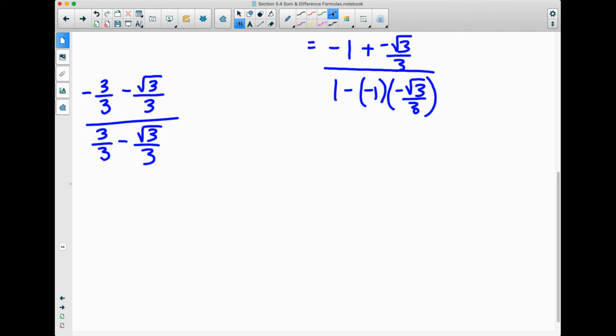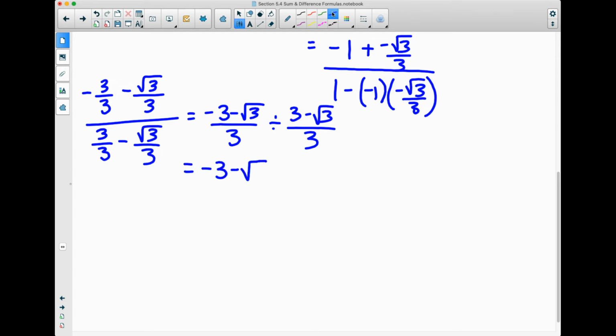So common denominator, we can combine these now. So we get -3 minus root 3 over 3 divided by 3 minus root 3 over 3. Doing it that way just makes it easier for me to multiply by the reciprocal. Those 3's can cancel, but the others cannot.